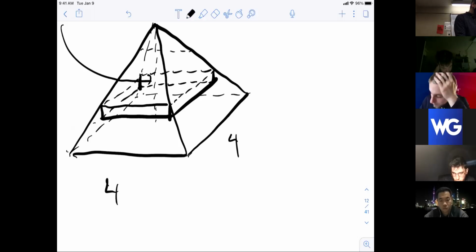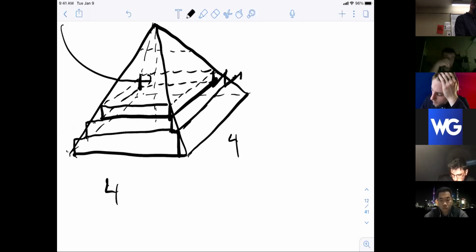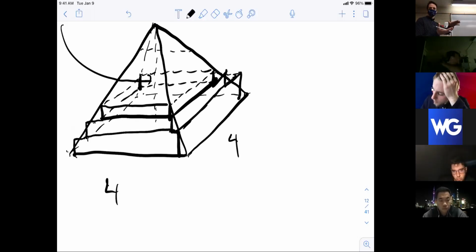And then another slice could be like this. And then another slice like this, and so on, right? Big slices. Think of using just rectangular pieces of wood to approximate this pyramid.